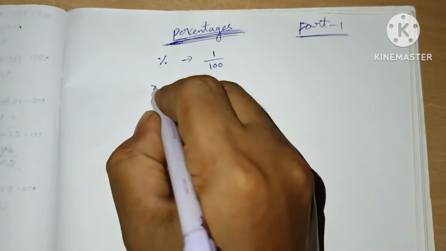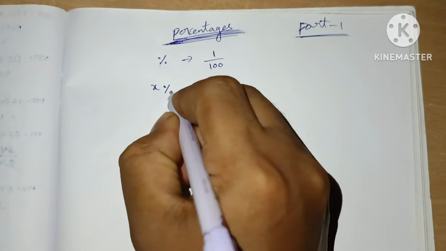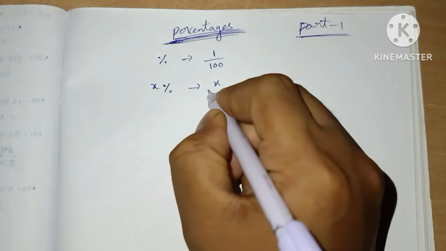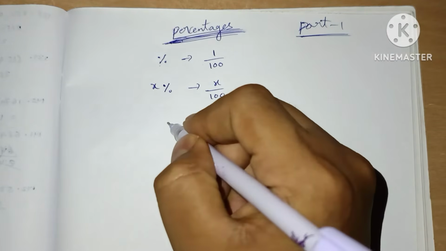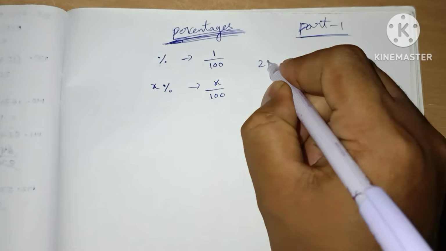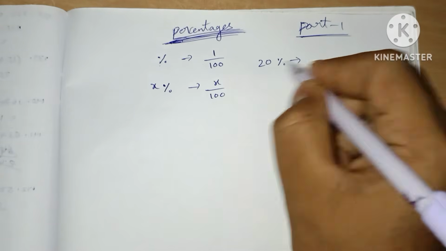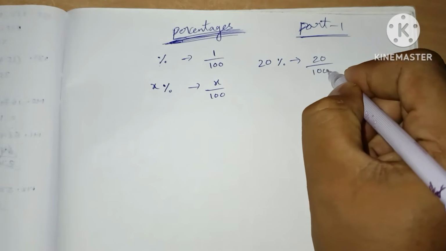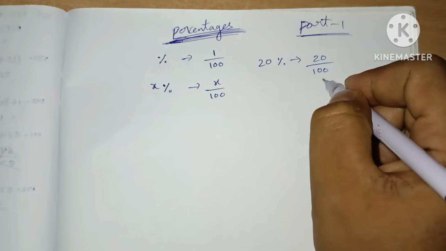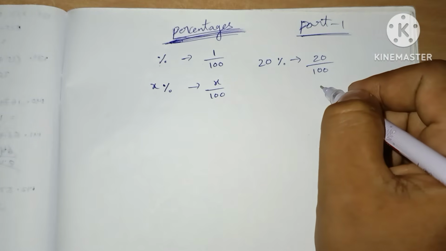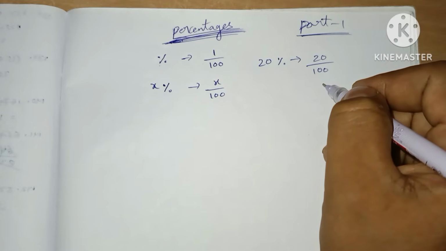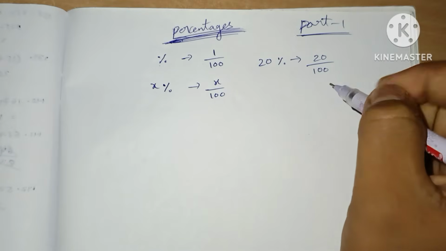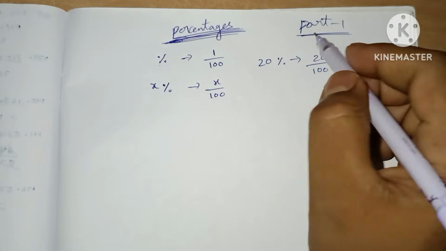So x percentage is nothing but x by 100. For example, 20 percentage means nothing but 20 by 100. This is the basic definition of percentages, and this is the basic introduction part.